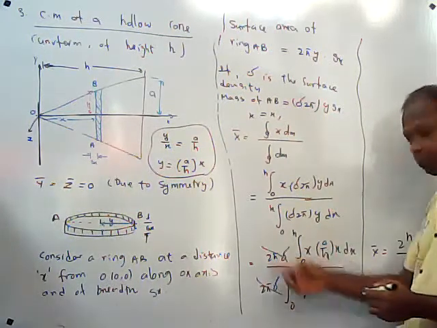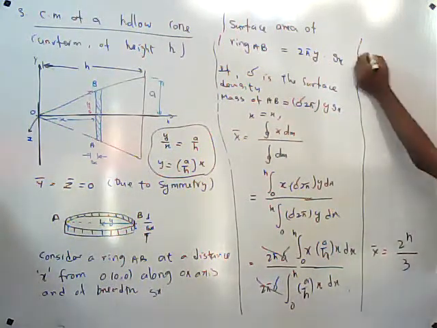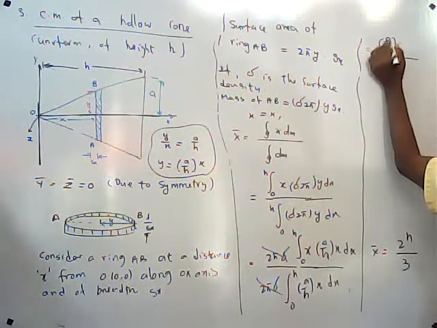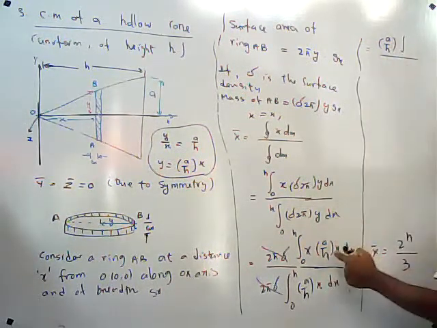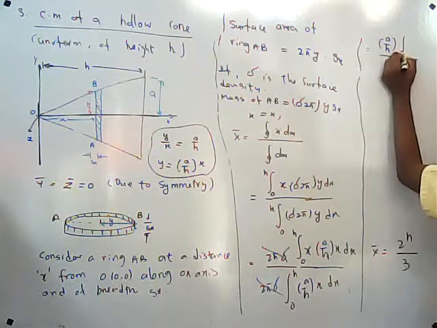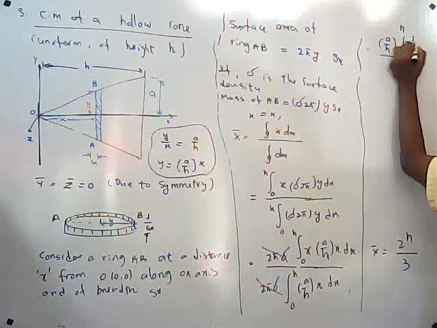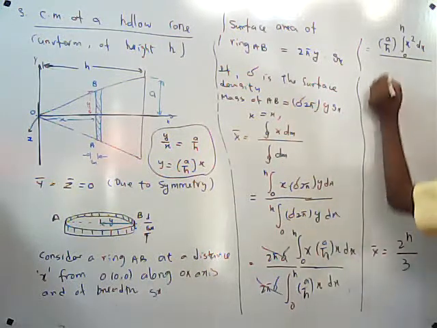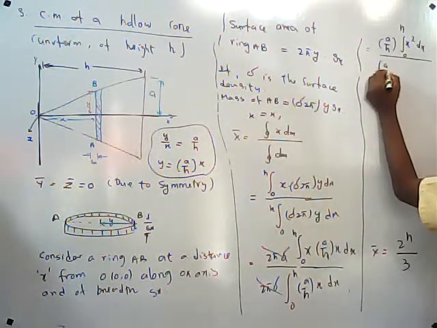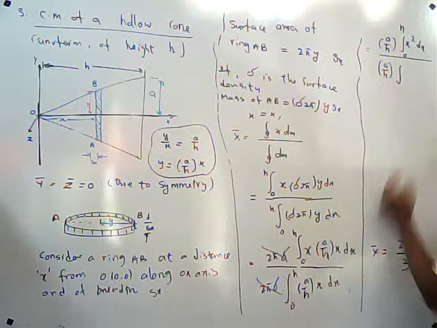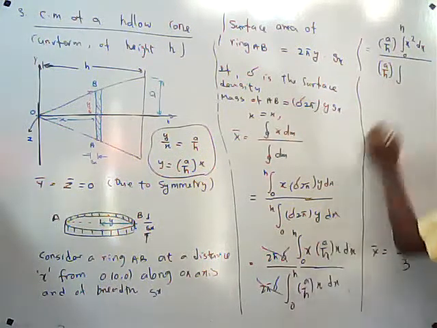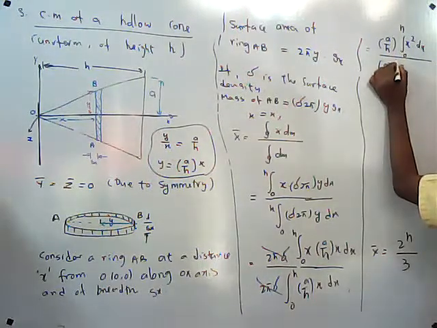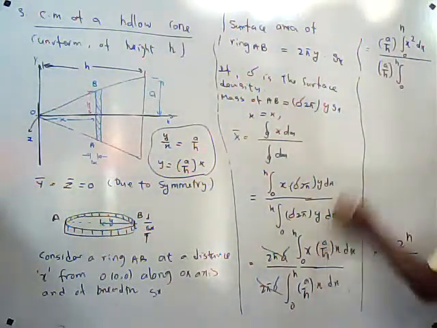Again, you can take a over h out, another constant, which gives x square dx, 0 to h, x square dx divided by, when you take a over h out, 0 to h, x dx.